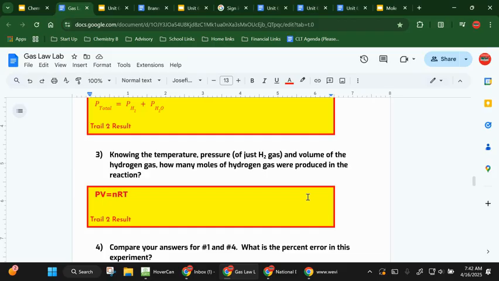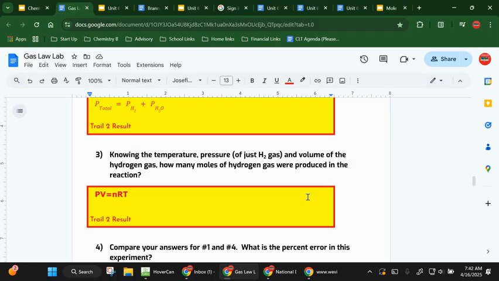Okay? That's what it should be close to. To get this, the pressure that you are going to use here is the pressure of just the hydrogen gas, which means it's the numbers that you collected right here in number 2. That is what you use for pressure.